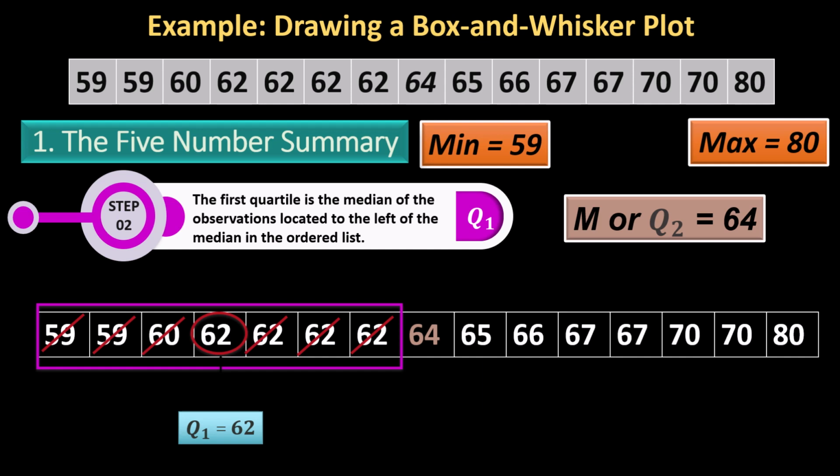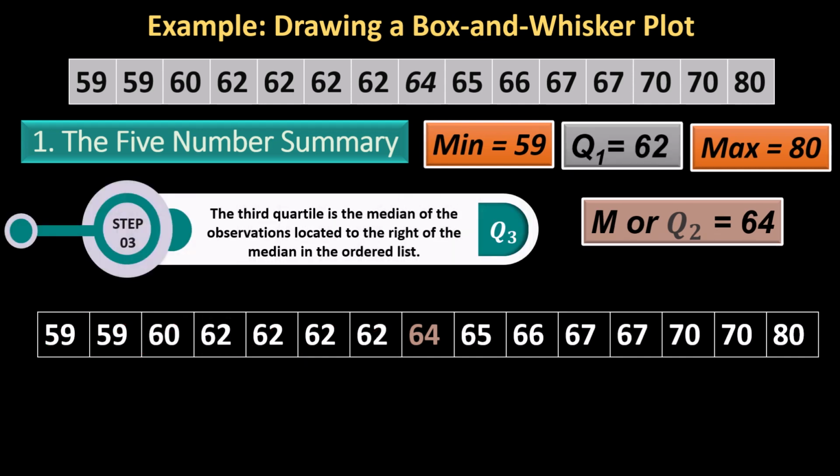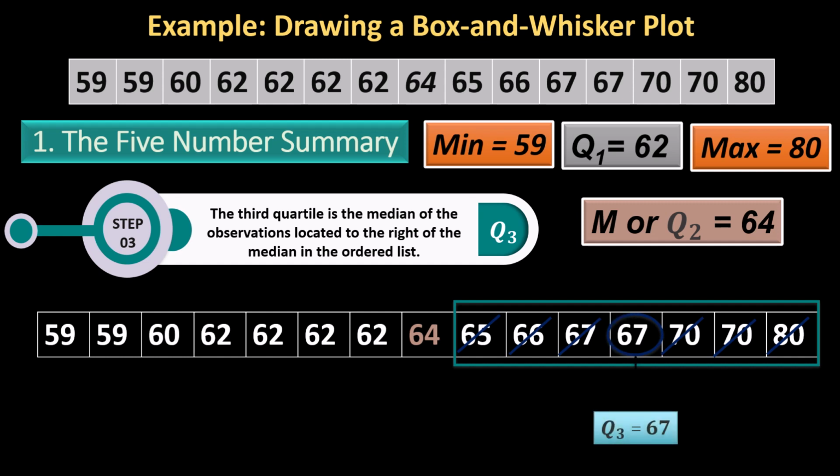Right. Then we need to find the Q3. To find the Q3, we consider all observations right of the median. Then we can find the middle observation, or median, of this data set only, the observations right of the median.